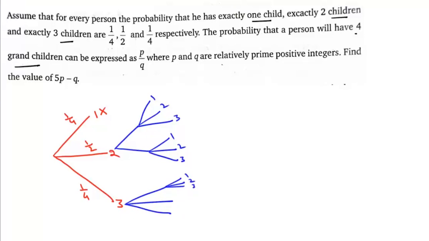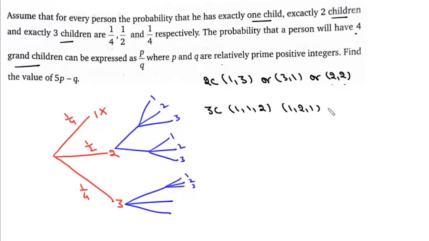Now, he'll have 4 grandchildren if he has 2 children followed by either 1, 3 or 3, 1 or 2, 2, or he has 3 children and then he can have 1, 1, 2. So it could be 1, 1, 2 or 1, 2, 1 or 2, 1, 1.